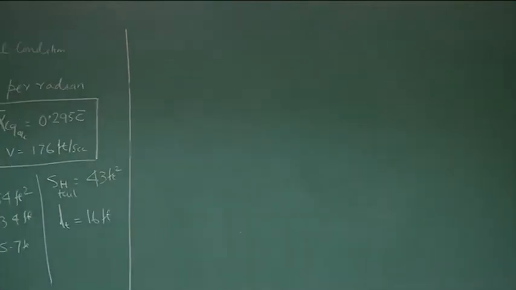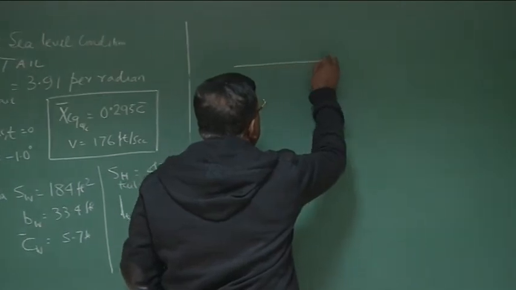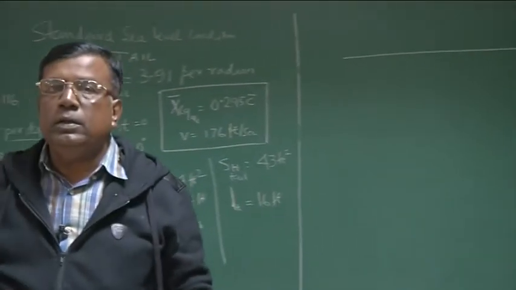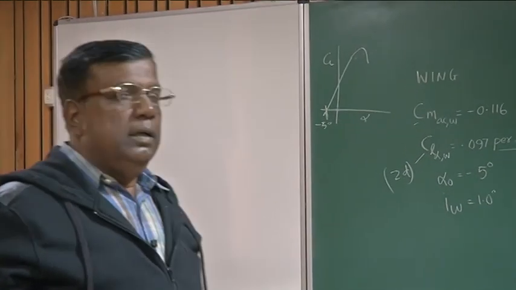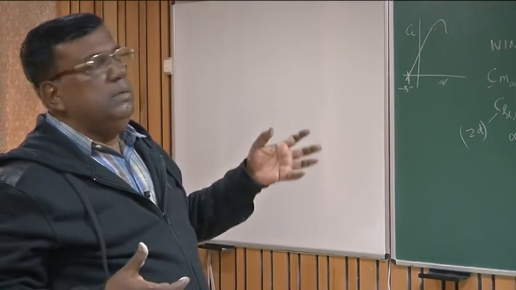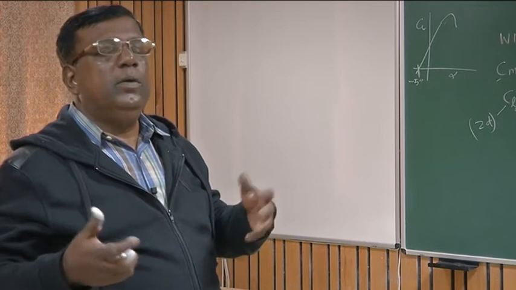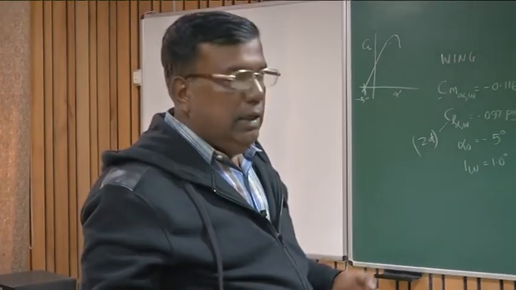Let us again come back to this configuration. One of my advice to all of you would be, just don't start solving a problem by seeing some numbers and using some equation. Try to look through those numbers and visualize an aircraft. Okay, that will tell you many more things than what I am telling you or what the numbers will tell.